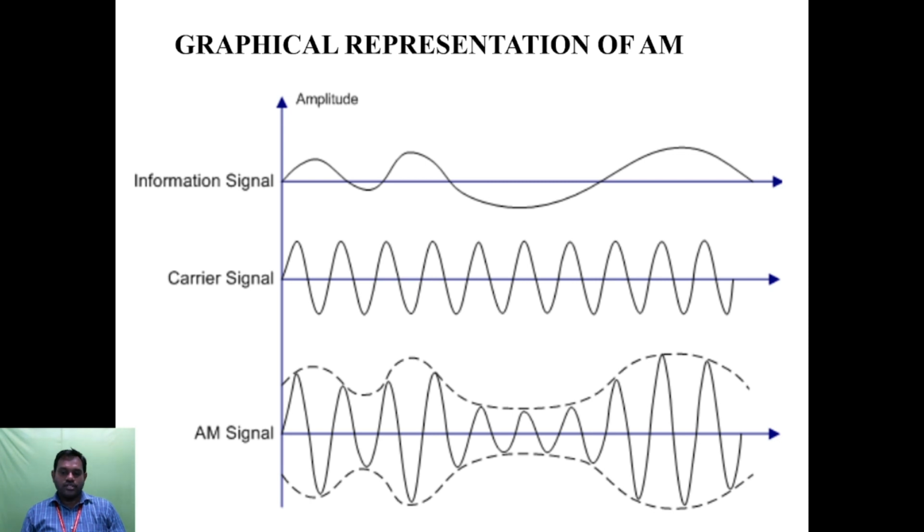It has high frequency and constant amplitude. The amplitude modulated signal has an envelope shape. So this is the envelope shape of the amplitude modulated signal.